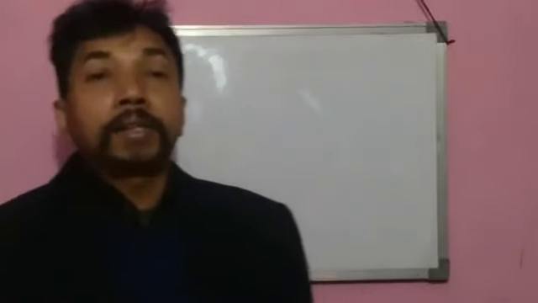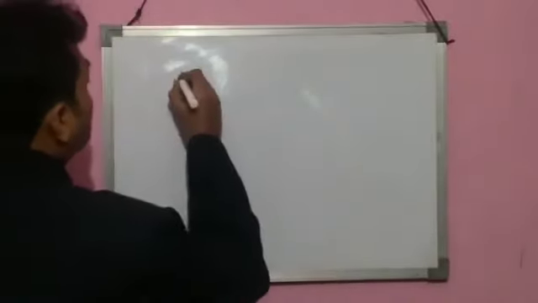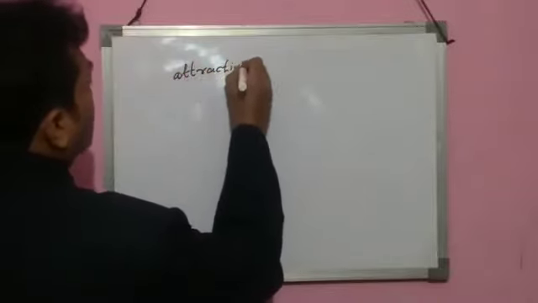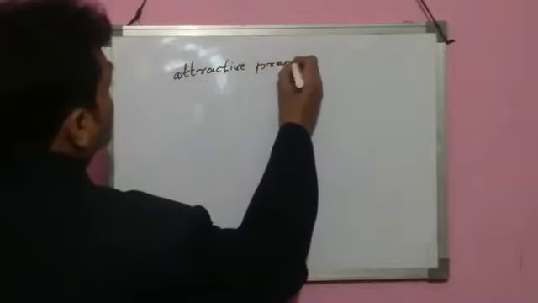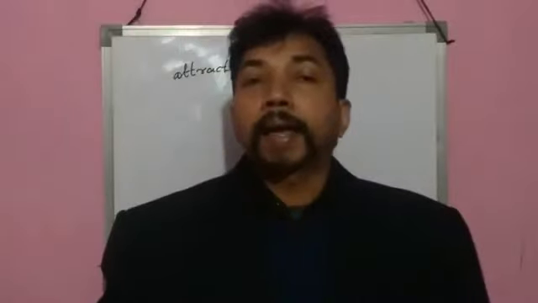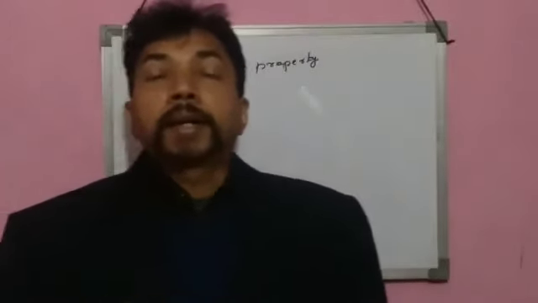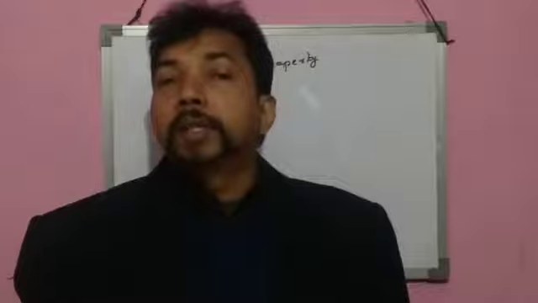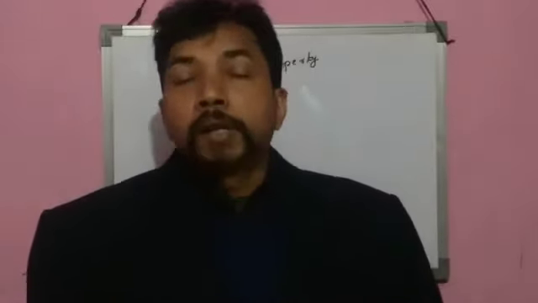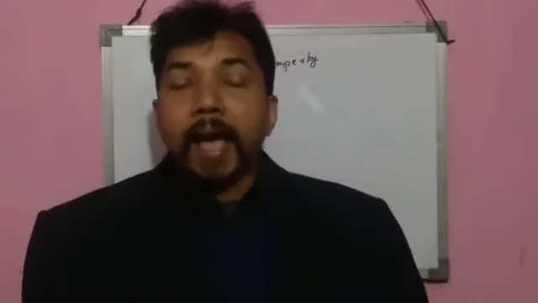First of all, we see some of the properties of a magnet. The first property of a magnet is the attractive property. What is meant by attractive property? Attractive property means the property of a magnet to attract some substances like iron.